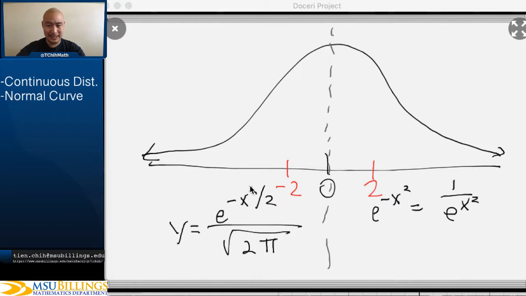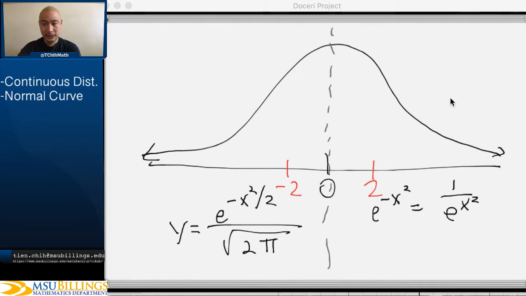And so this thing becomes just 1 over square root of 2 pi. So it's largest at 0. That's the maximum of this curve here.